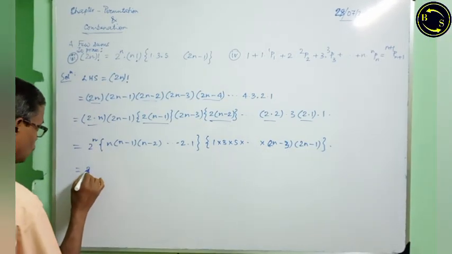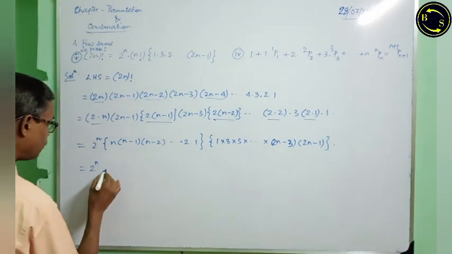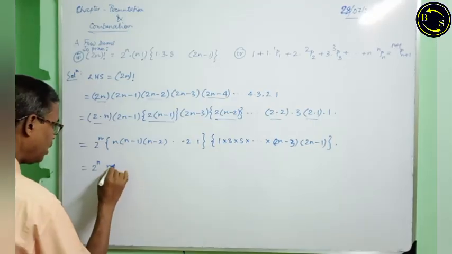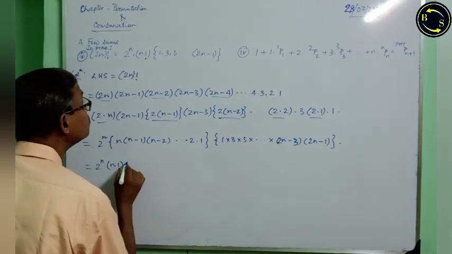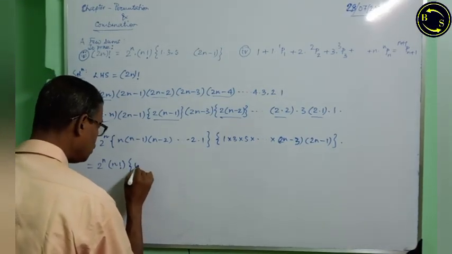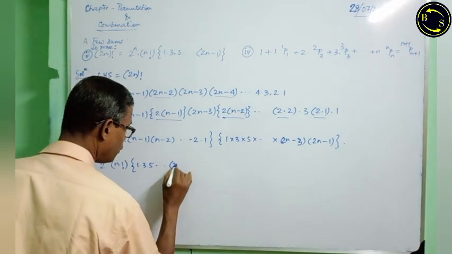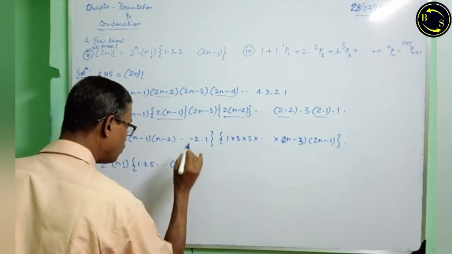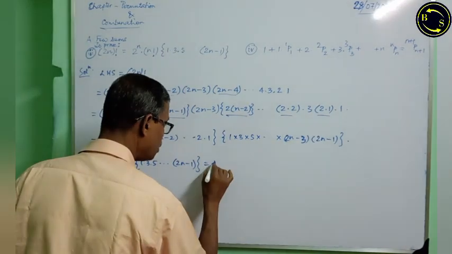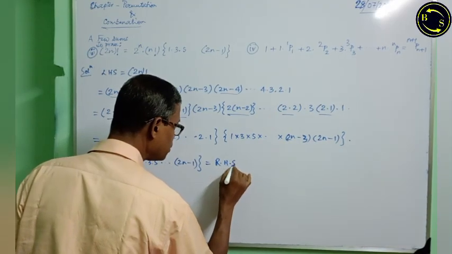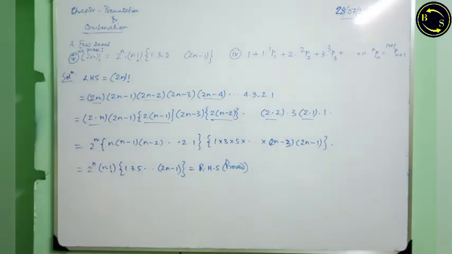Therefore finally 2 to the power n, and this is nothing but n factorial into this one. Thus we have got the right hand side. Therefore RHS is true. Thus this sum is finished.